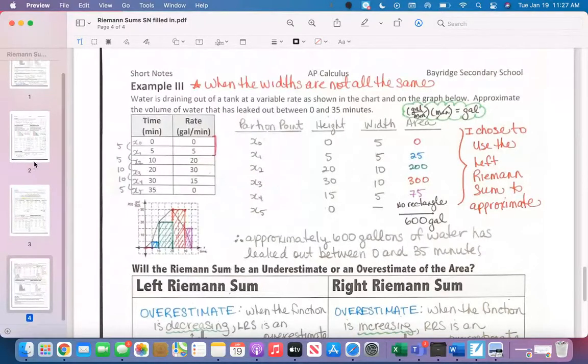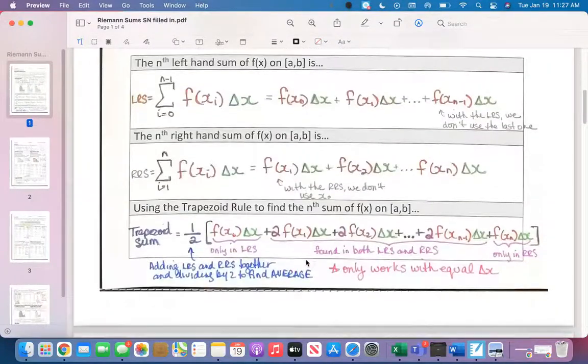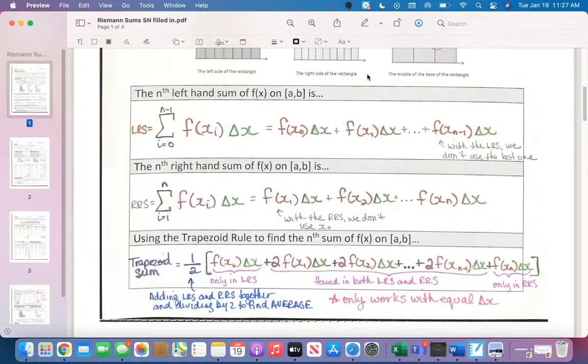Just to go back to those formulas that I showed you on the very first page: in order to use these more formal formulas, this only works when your delta x's are the same. So I could have used the more formalized Riemann sum formula for the first 2 examples, but I couldn't have used it with example number 3 because the delta x's weren't the same.